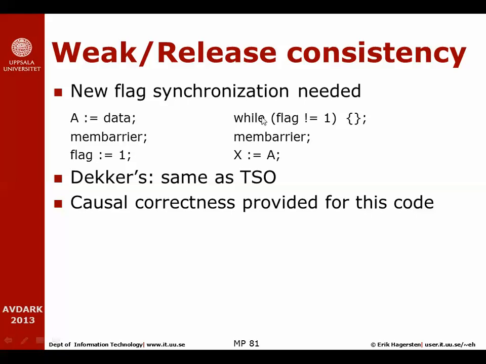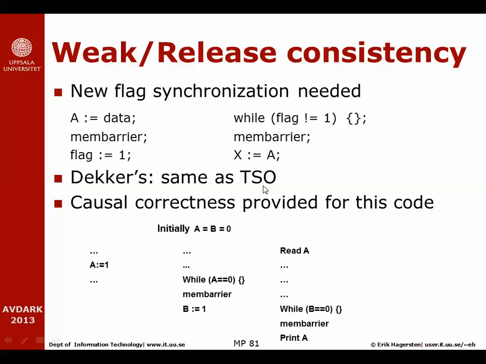Here, you have to insert a memory barrier to guarantee that there is a global order between this load and this load over here, load-to-load order. For Dekker's, you have to make the same changes as for TSO, so you have to insert the memory barrier between the load and store on both the left and the right side. Caution correctness also needs memory barriers inserted every time you would like to establish an order. So it's tricky, but there is good performance.